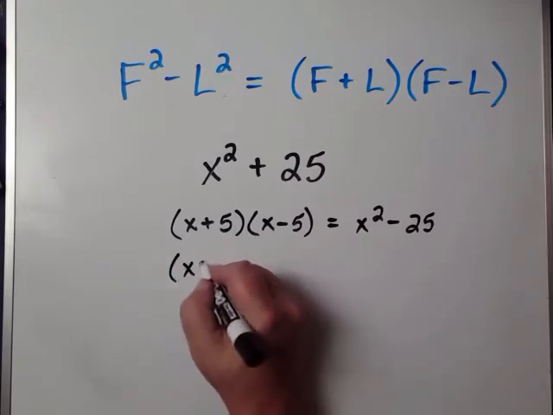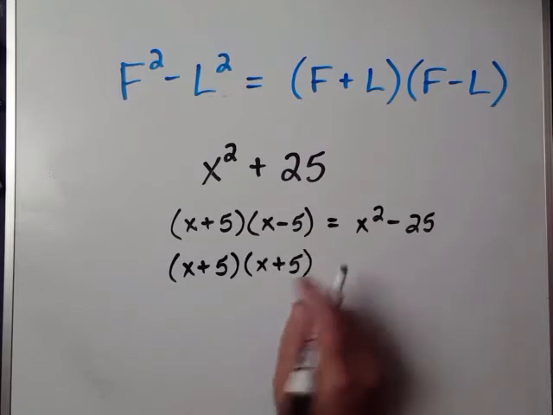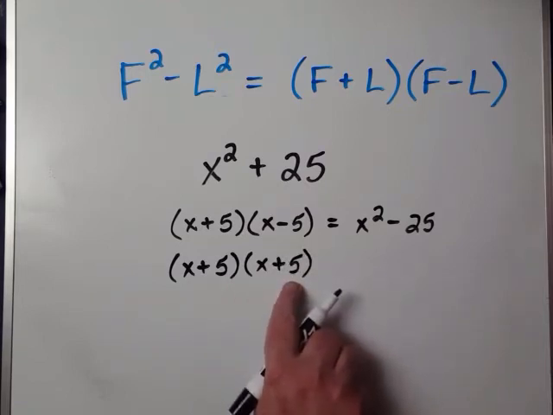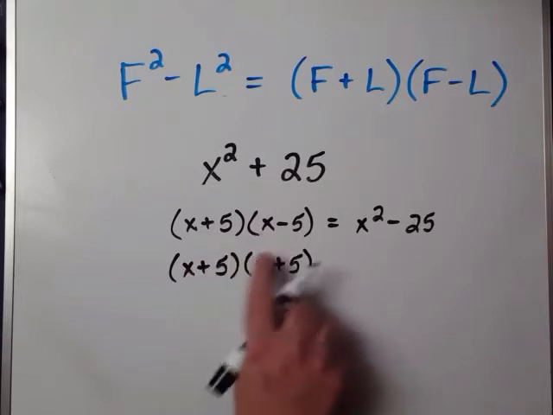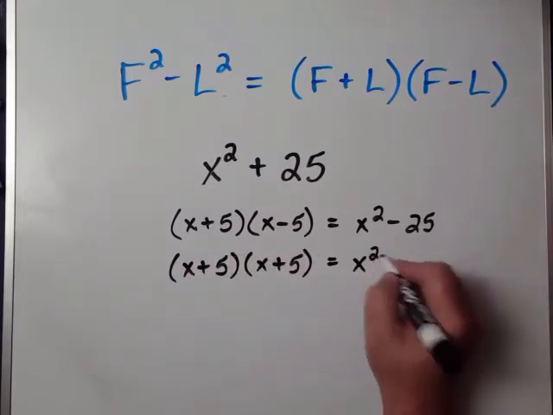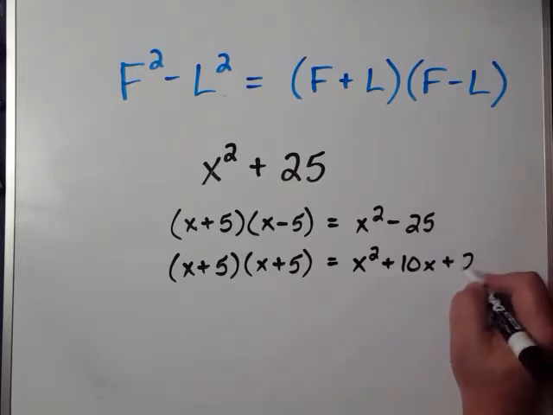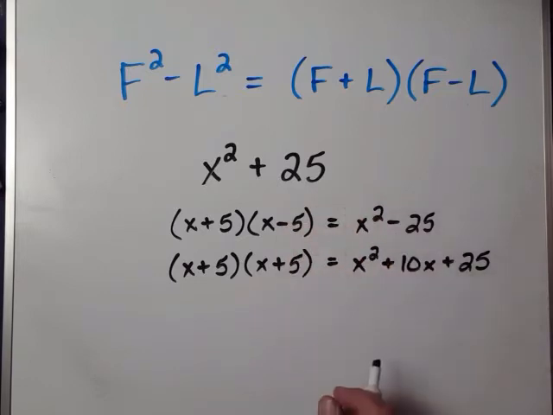Okay, what about x plus 5 times x plus 5? That will certainly give me a positive 25, but what else? When I do my outside and my inside, they're each going to be 5x. So when I FOIL this back out, I'm going to have a middle term. So that doesn't work.